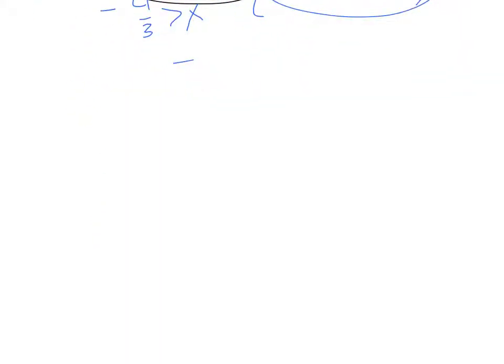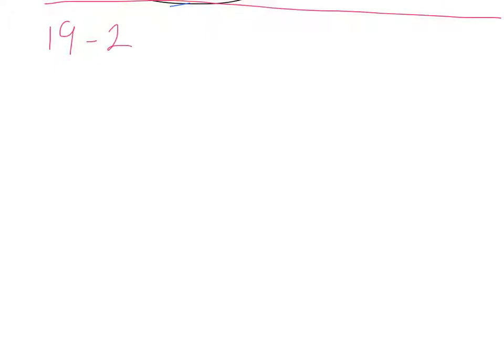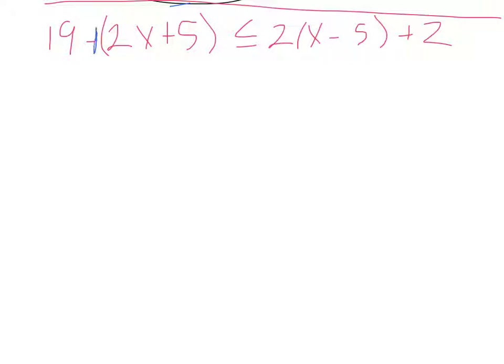So the next one we have is, let me get up there, right there. So we have 19 minus (2x plus 5) is less than or equal to 2 times (x minus 5) plus 2. So once again, this is classically, we're going to distribute. The trick here is that this negative right here is really the negative 1.